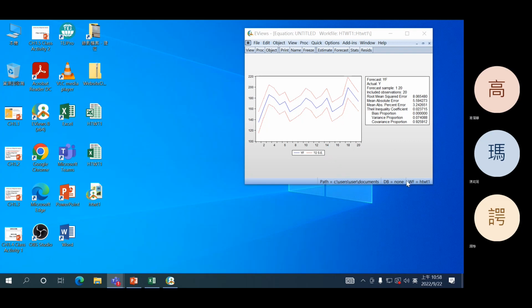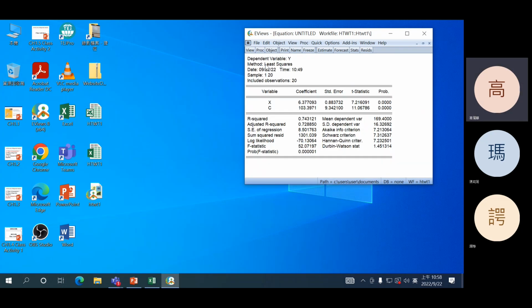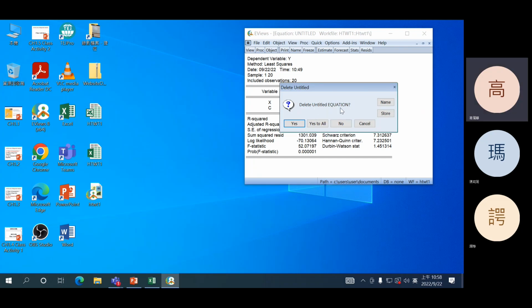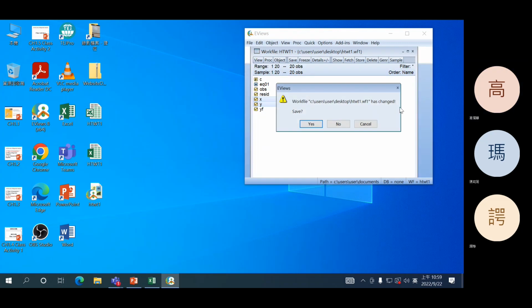Max, do you know that? I'd like to go back to my data set. View. This is my estimation output, but I wanted to have my original data set. Close this one. I wanted to save it, okay? Let me save it and name it equation 1. Then I hit OK.